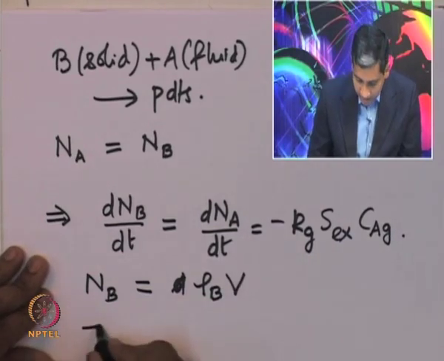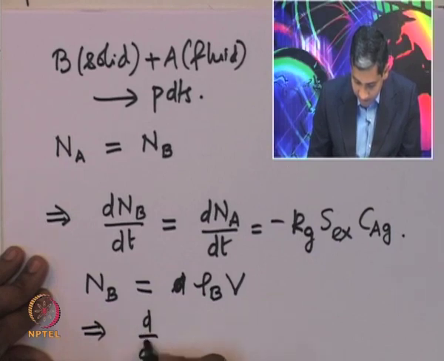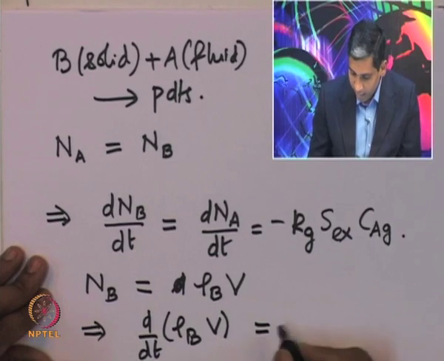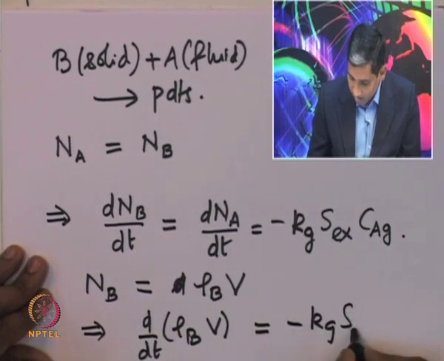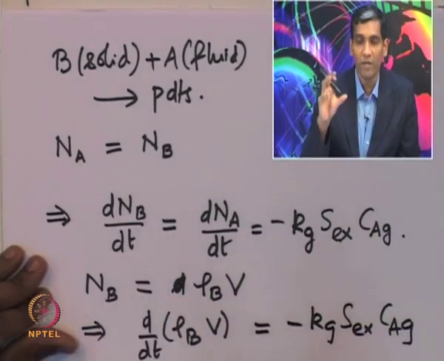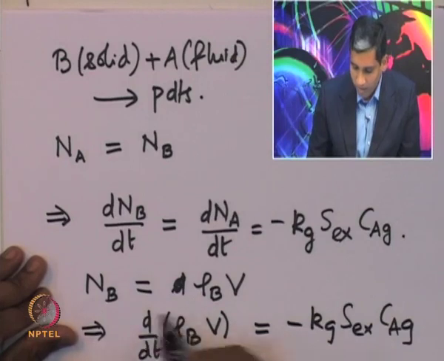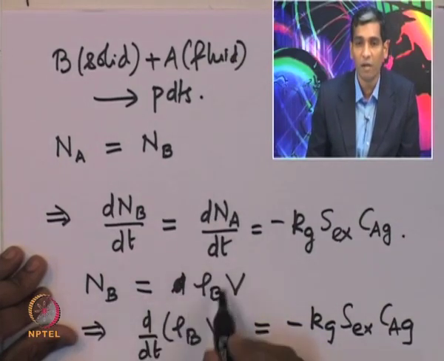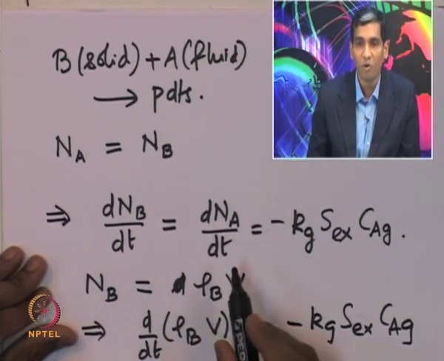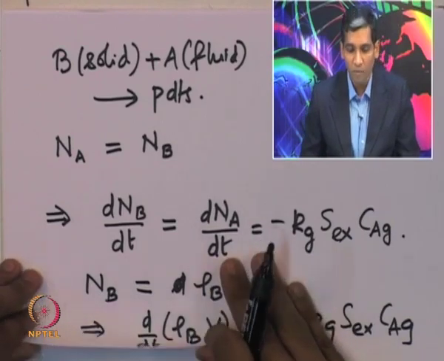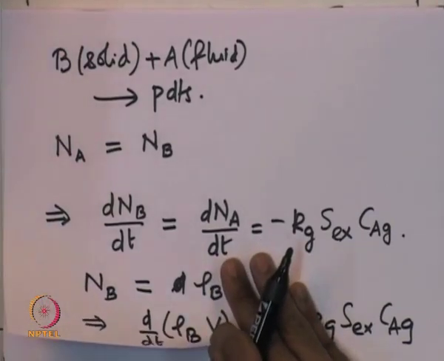So, we can rewrite this as d by dt of rho b into volume, that should be equal to... So, the number of moles of solid present in the core can be related to the volume of the core using this expression: Nb equal to the density of the solid in the core multiplied by the volume of the core at any instant of time t.